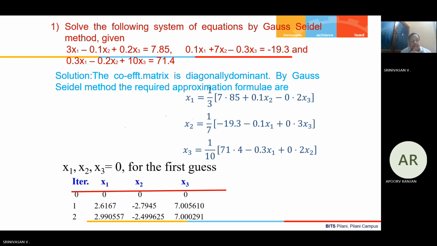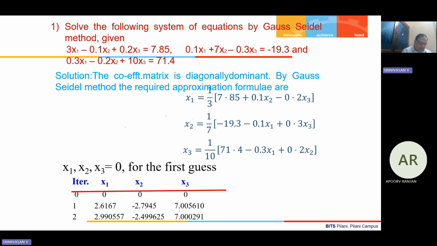So where is it going wrong now? So you have 3x1, supposing x1 is 3. 3 into 3, you have 9. Okay. Then 0.2 into 7, that is 1.4, isn't that?